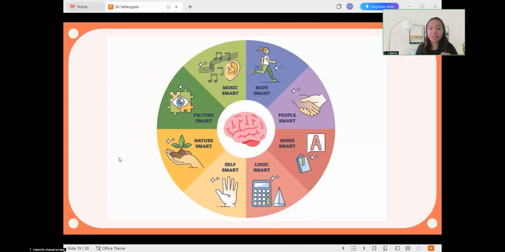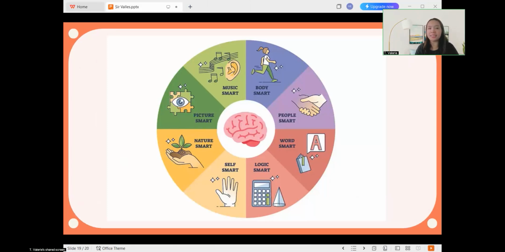This intelligence also involves a sense of timing and perfection of skills through mind and body union. So athletes, dancers, and craftspeople exhibit well-developed bodily kinesthetic intelligence because they use their body to do their things.